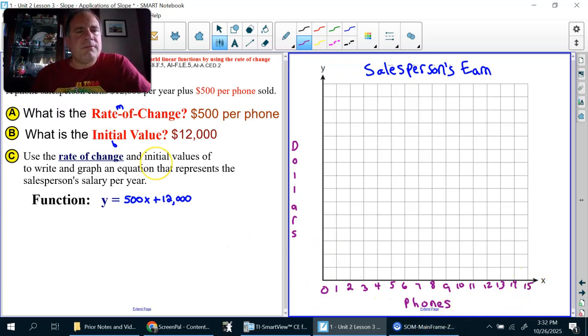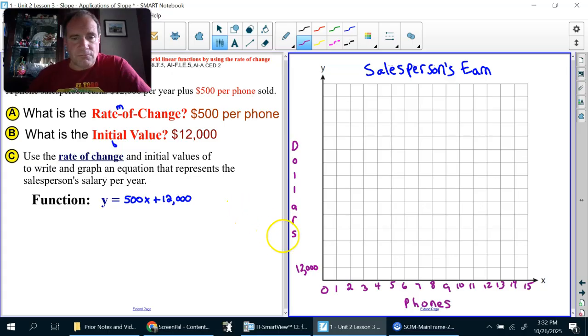Okay, so now this is where you have to decide what do you go by. So the rate of change is 500 per phone. So shouldn't you start at 500? No, you start at the initial value. So the b is the initial value. So we're starting at 12,000. Now, after the 12,000, you're using the slope. So it is 500 per phone.